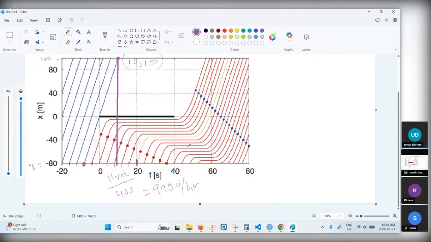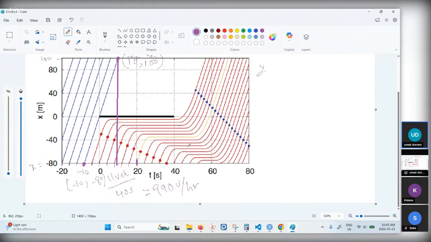So that's x2 and y2. And in this case, we have almost minus 10 seconds. Then this will be minus 10, comma, minus 80.